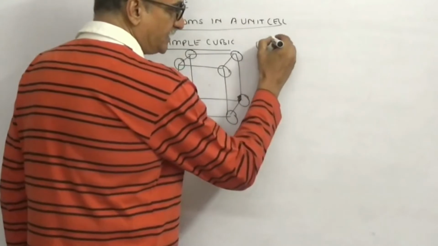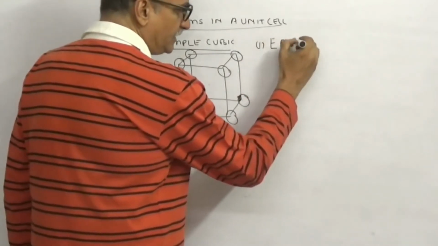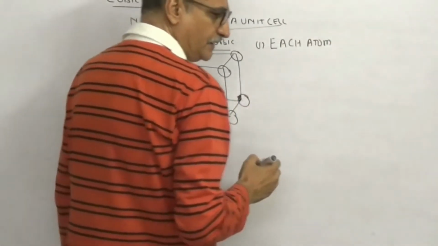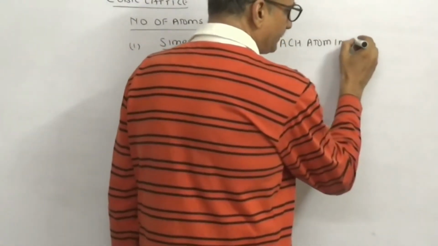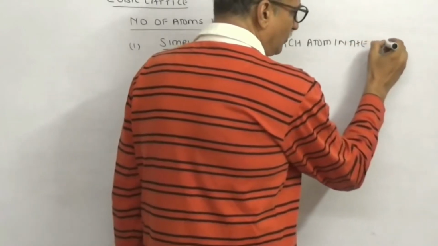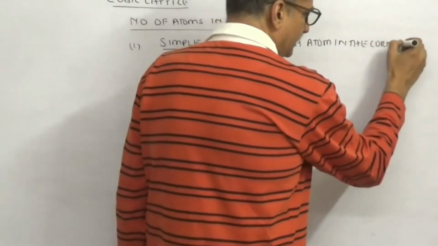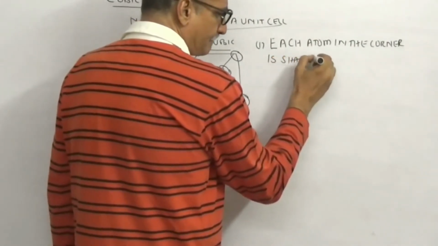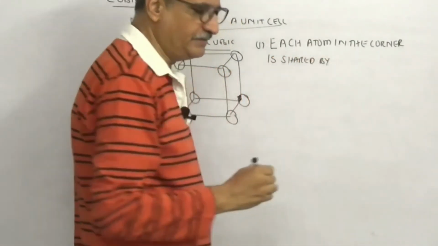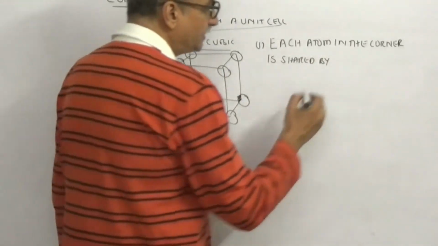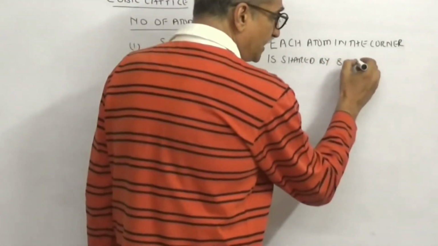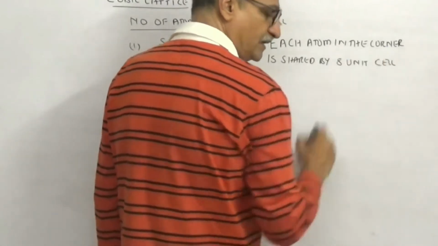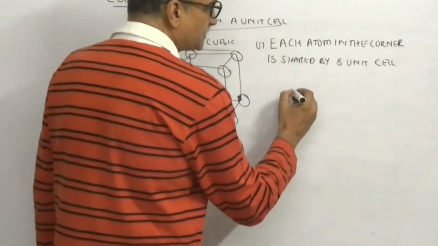The first sentence I am saying is, each atom in the corner is shared by 8 unit cells. Understand this sentence very clearly. That means what happens?